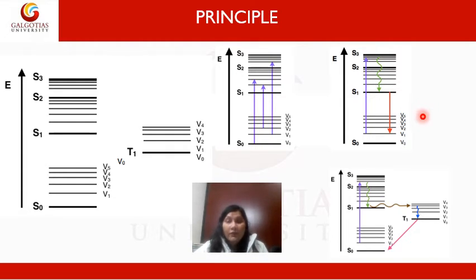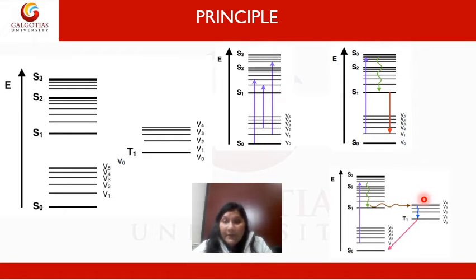Now what is phosphorescence? Suppose your electron is present in S1, which is the singlet excited state. Now the electron will slowly change its spin and come to the triplet excited state. Right? This is the triplet excited state. You can see that the energy levels of S1 and T1 are almost similar.